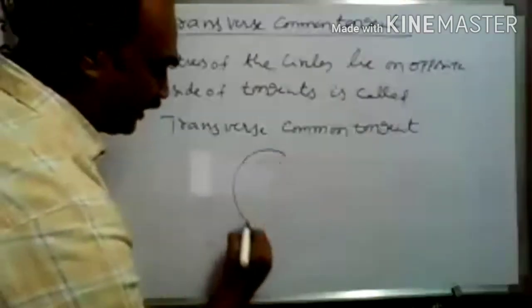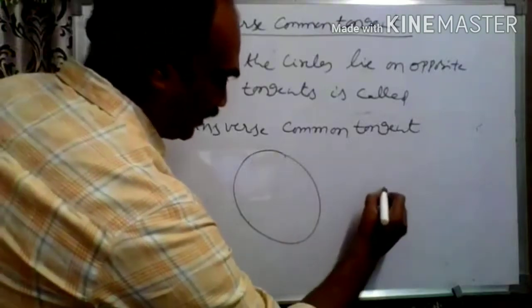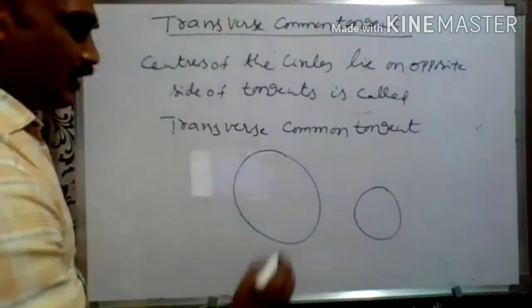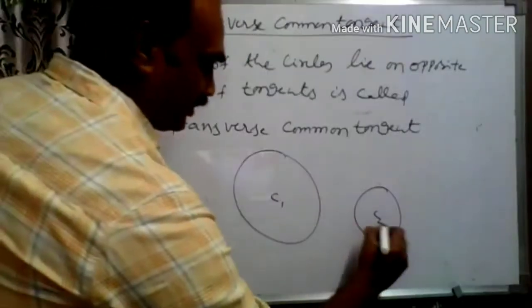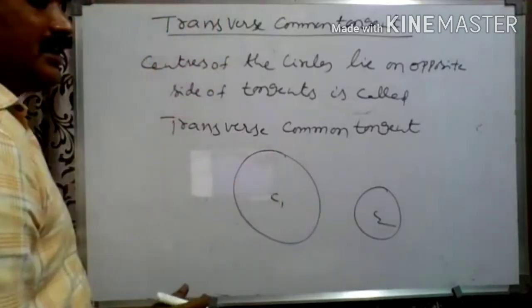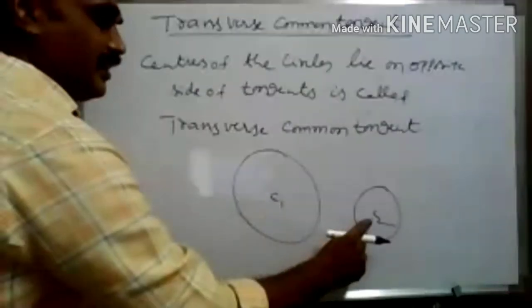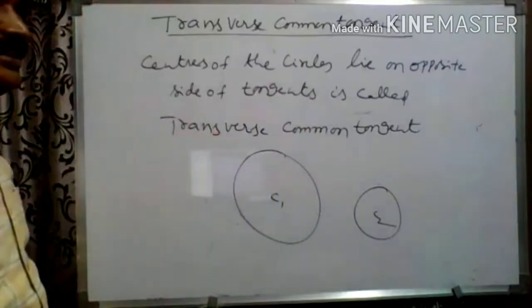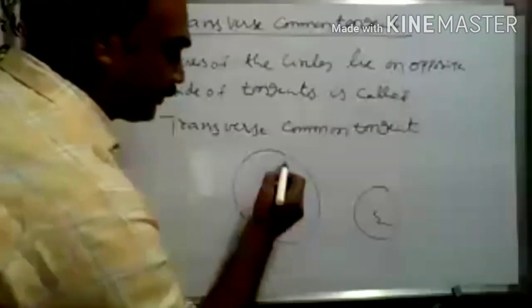So I'm taking two circles, S equal to 0 and S dash equal to 0, with centers C1, C2 and radii R1, R2. If the centers of the circles lie on opposite sides of the tangent, it is called a transverse common tangent.